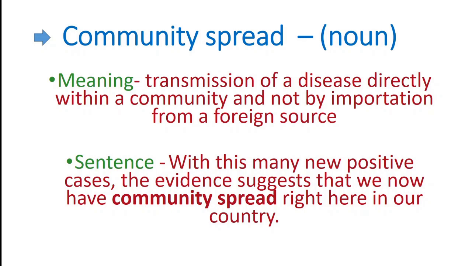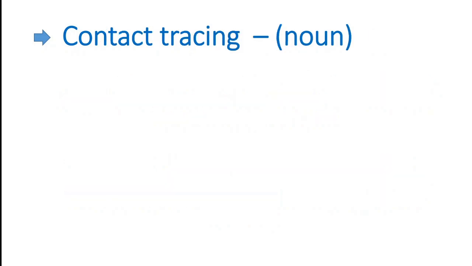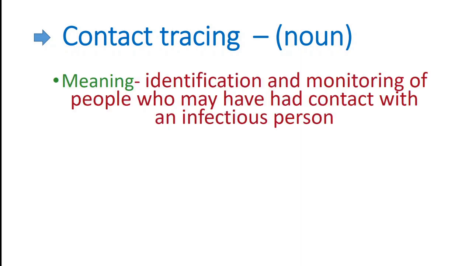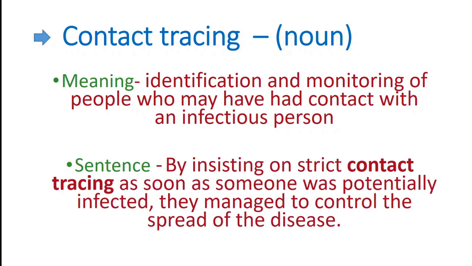Contact tracing, noun, meaning identification and monitoring of people who may have had contact with an infectious person. Sentence. By insisting on strict contact tracing, as soon as someone was potentially infected, they managed to control the spread of the disease.